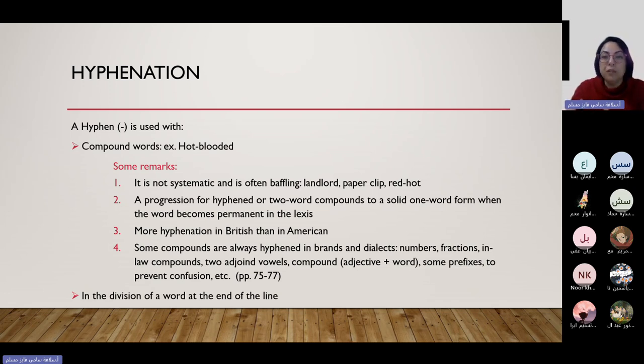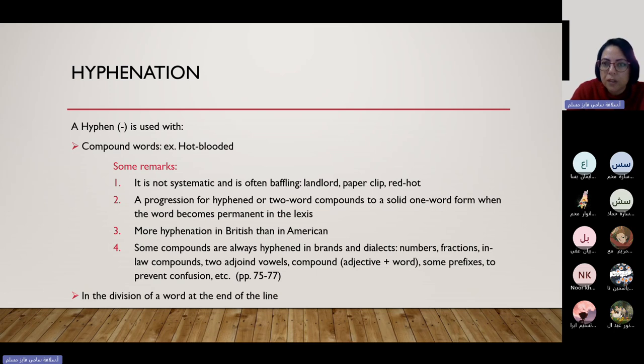Okay, we removed this hyphen, but it used to be there. Okay, to show us that these are new combinations. So, as we said, a hyphen is used to join compound words, for example hot-blooded. Okay, he is a hot-blooded person.